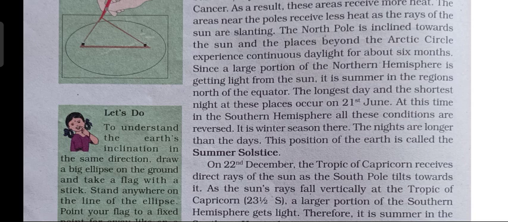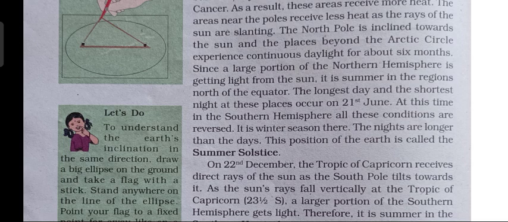India, we all know, lies in the northern hemisphere. So, on 21st June, India experiences summer season. So, we can say that on 21st June, all the countries which are on the northern hemisphere will have summer season, and longest day and shortest night.